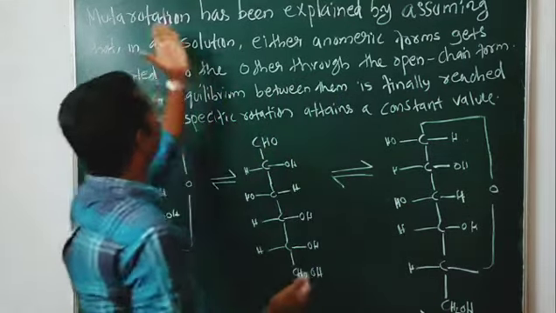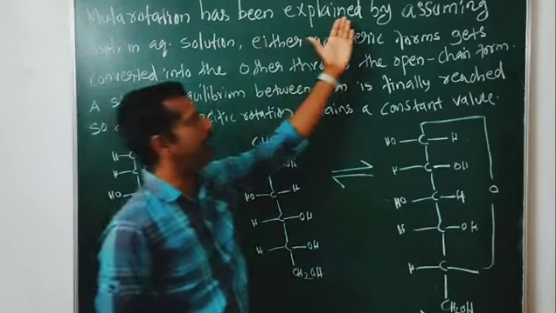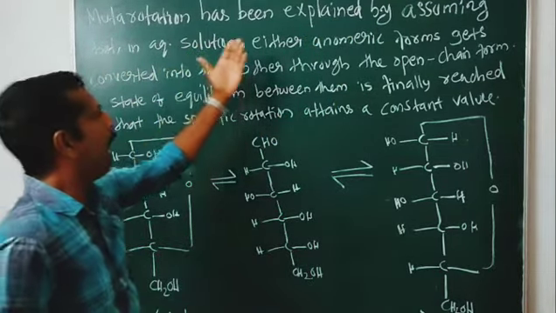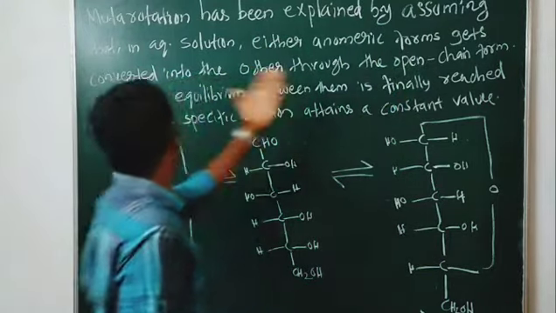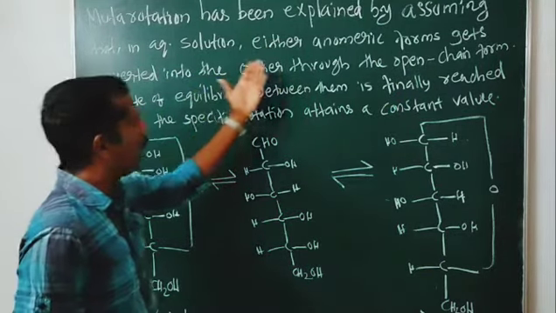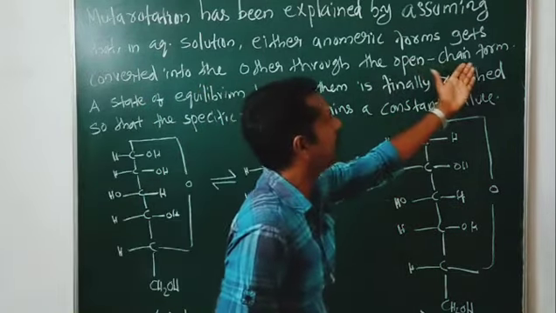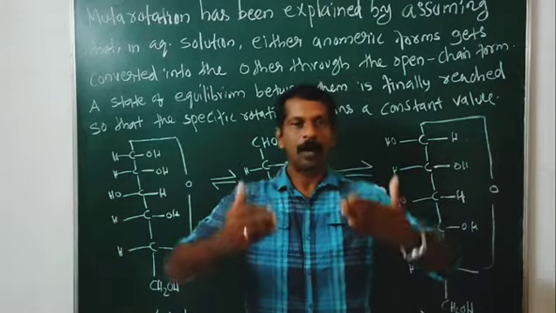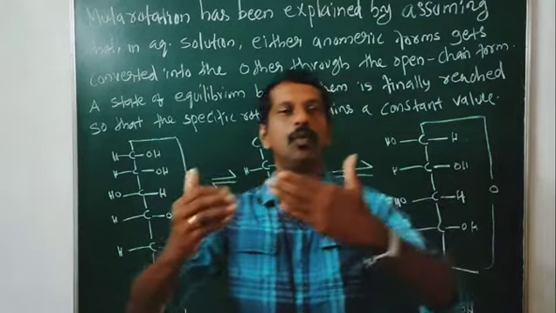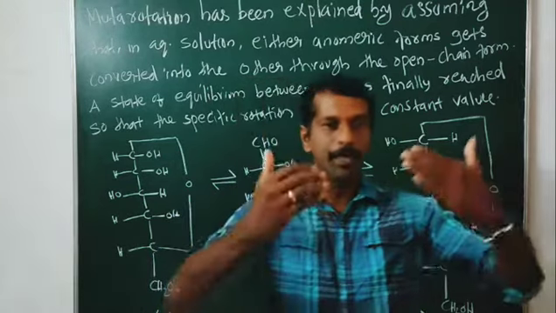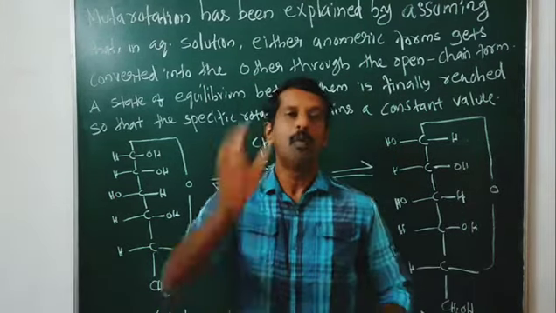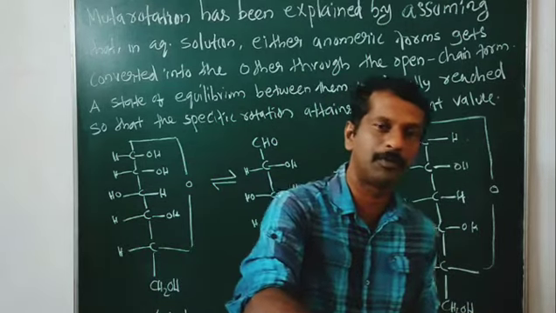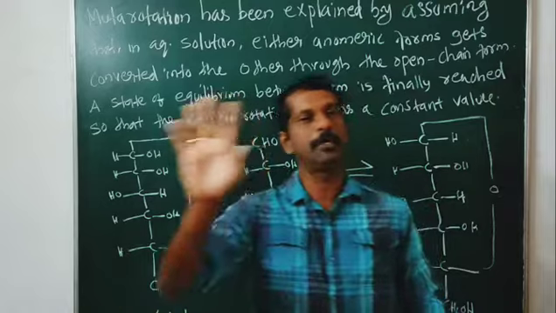Mutarotation has been explained by assuming that in aqueous solution, either anomeric form gets converted into the other through the open chain form. That means when we dissolve our reducing sugar in water, we know that there are two anomeric forms for glucose, alpha D glucose and beta D glucose.